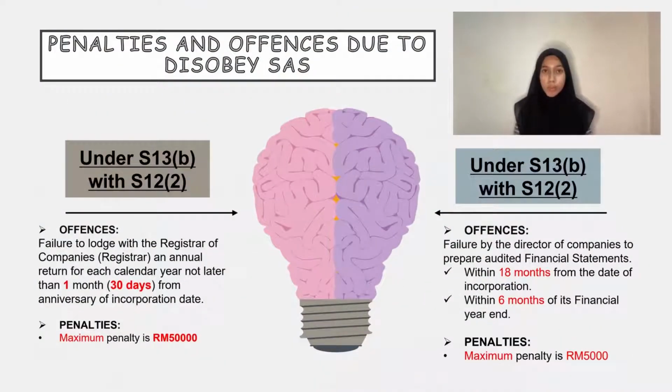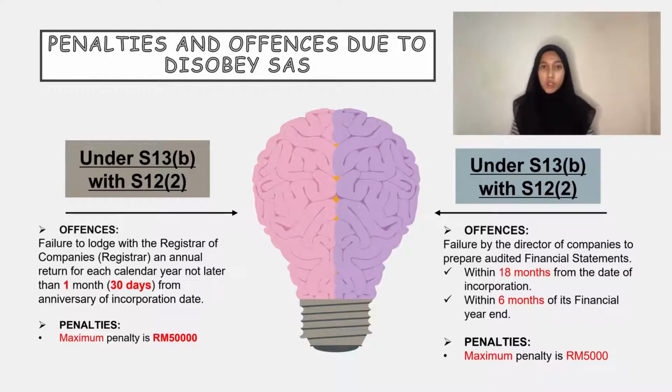Now let's move to the penalties and offences due to disobeying SAS. Under Section 13 subsection 1 with Section 12 subsection 2, offences of failure to lodge with the Registrar of Companies an annual return for each calendar year not later than 1 month, equal to 30 days, from the anniversary of the incorporation date.